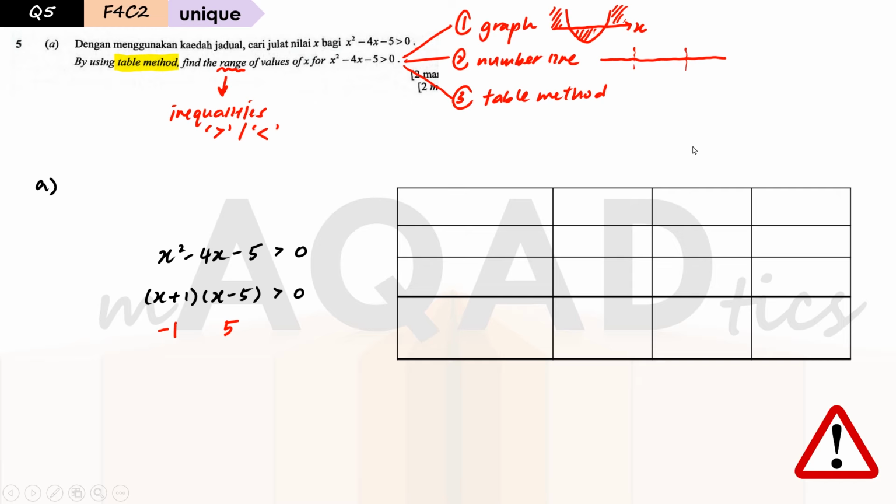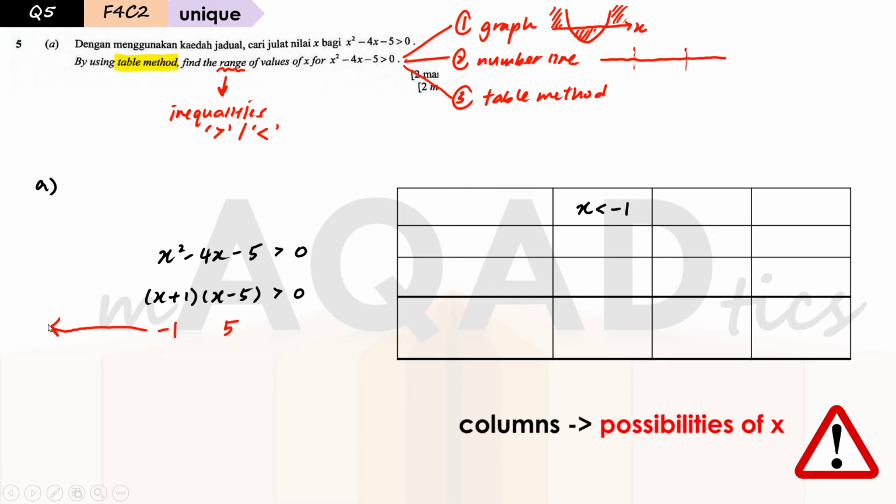For the columns, we are going to put all possibilities of x, according to our x values here. In total, there will be 3 possibilities. The first possibility is the x values which are less than negative 1, all the values less than negative 1.